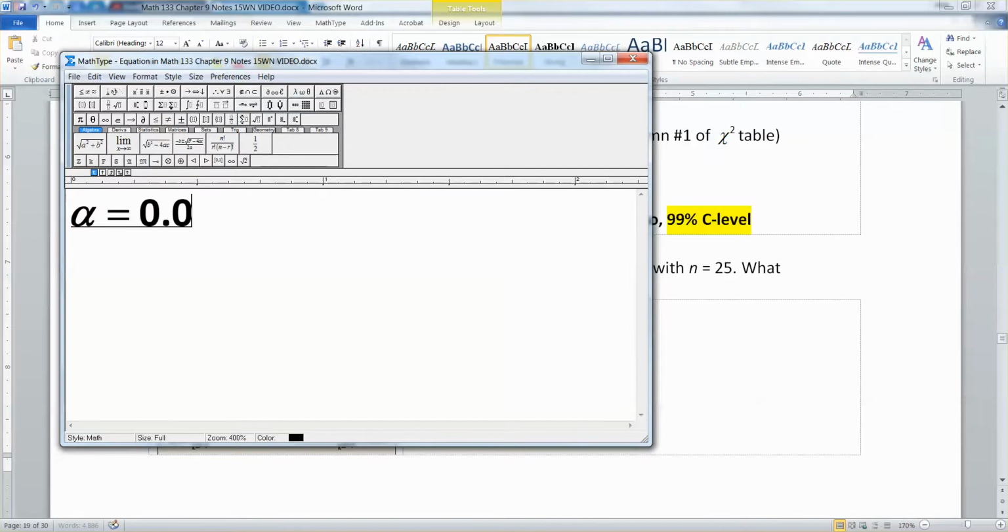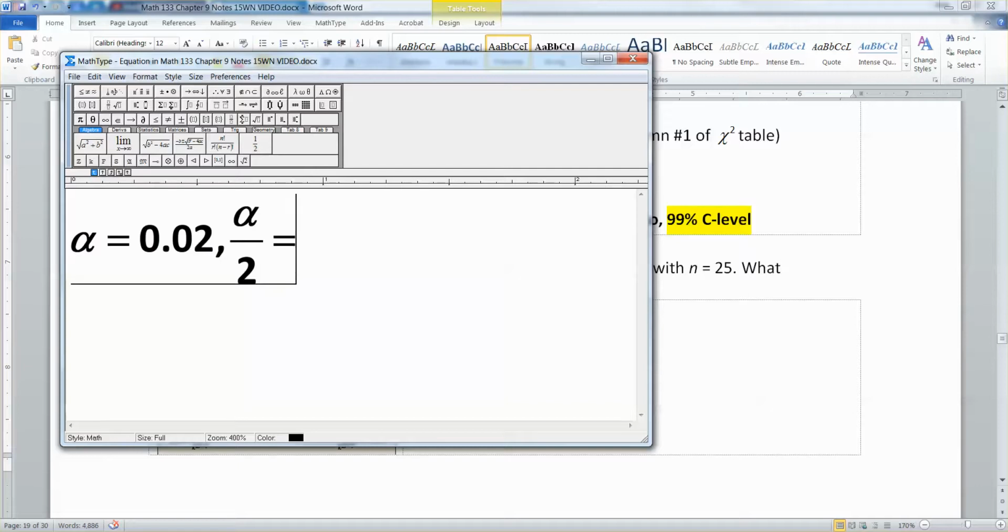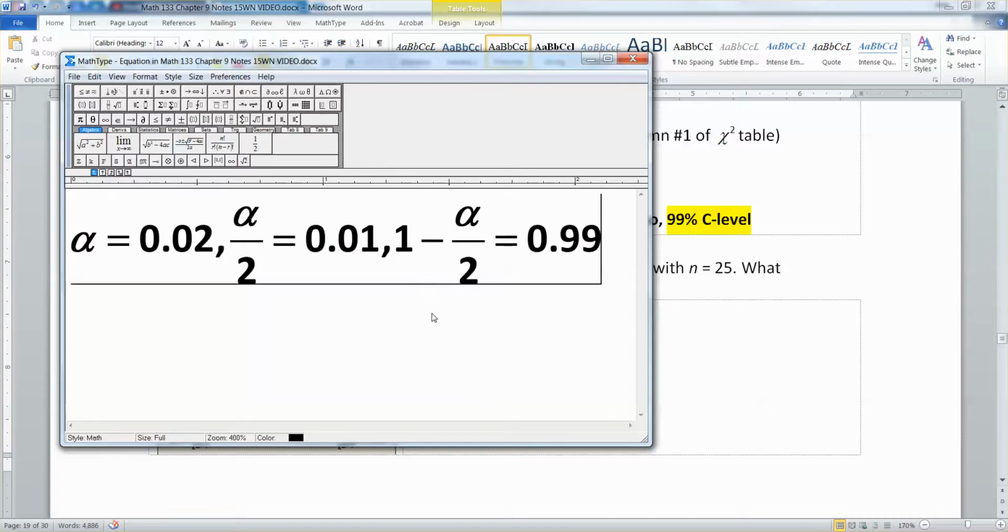Alpha is 0.02. That means that alpha over 2 is equal to 0.01. And that means 1 minus alpha over 2 is 0.99.